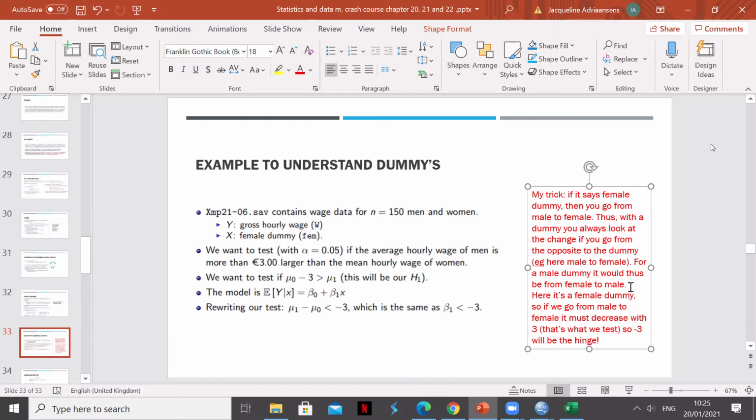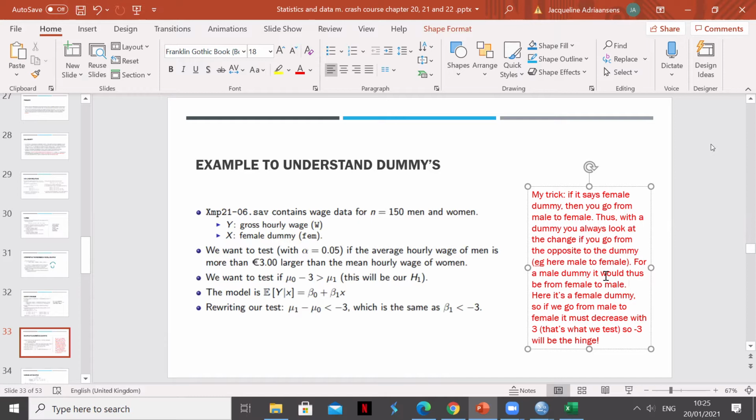Thus, this is the dummy variable you are going to be looking at. And if it would be minus 3, and you still have this male dummy, then going from a female to a male, you would have a wage that's lower by 3.